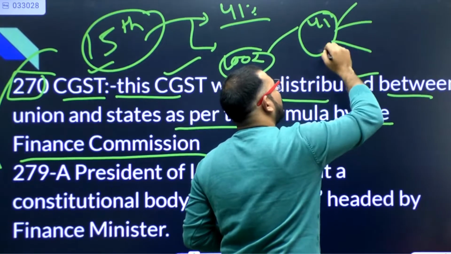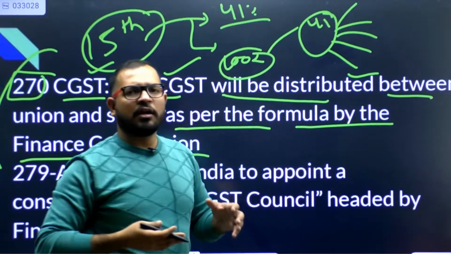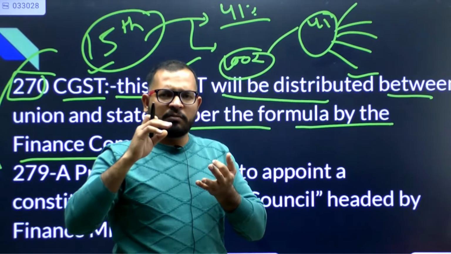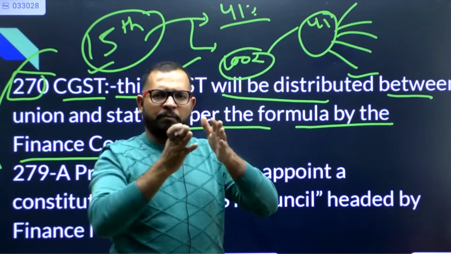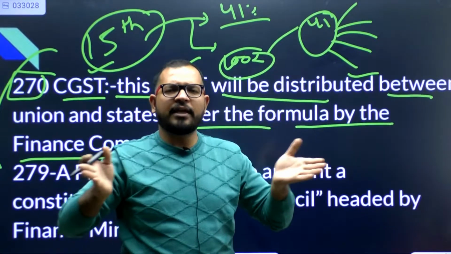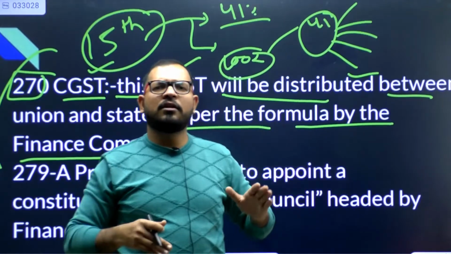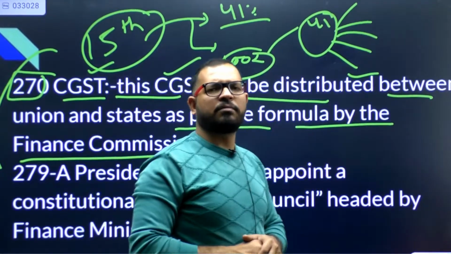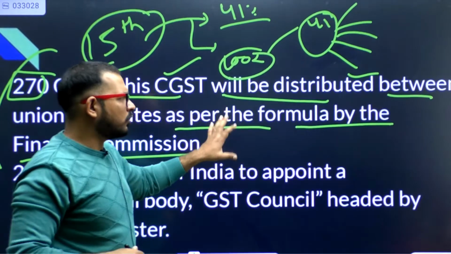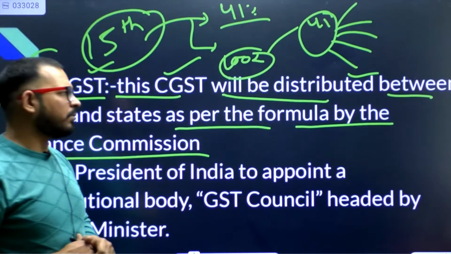Which state will get how much? It has also given the formula based on income, population, income distance, area, and forest. So please do read the recommendations of the 15th Finance Commission, because I cannot tell all these things in one simple lecture.